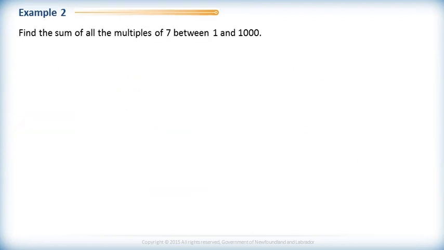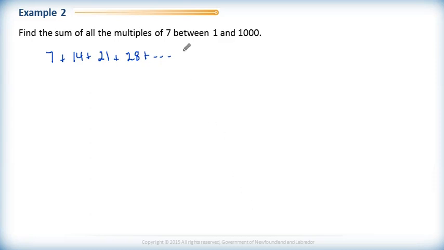Example 2. Find the sum of all the multiples of 7 between 1 and 1,000. Begin by writing them out. We have 7 plus 14 plus 21 plus 28, etc. The question is, what's the last multiple of 7 before 1,000?